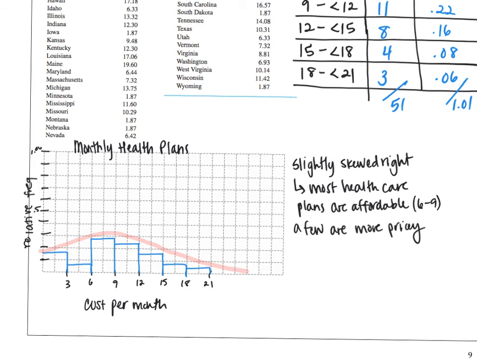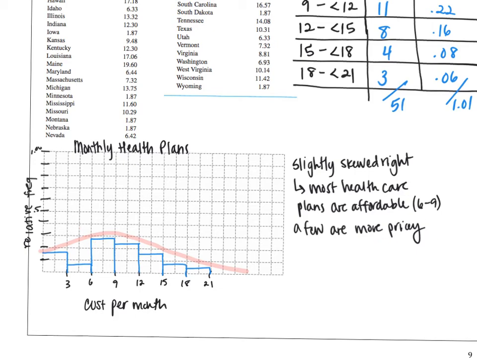Okay, so most values fall within this range here, but a few trail off, okay? All right, we can also know that there's kind of a drop between the values of 3 and less than $6.